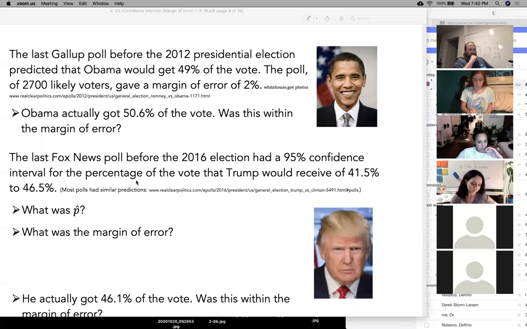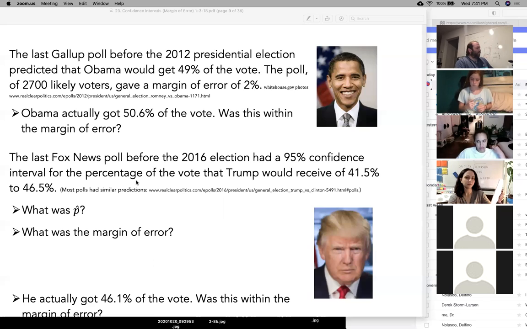What was the p-hat for that one? Do we have that information?